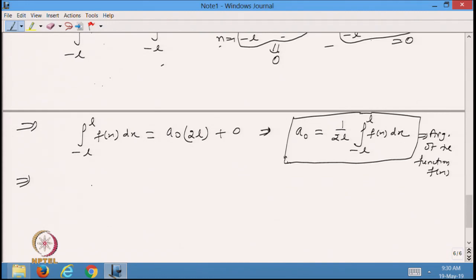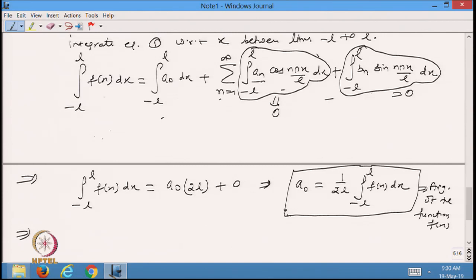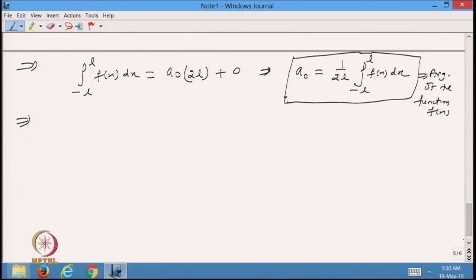Now, after finding this value, I want to find the value of all these An's and these Bn's. So, first, suppose I want to find the value of A1.